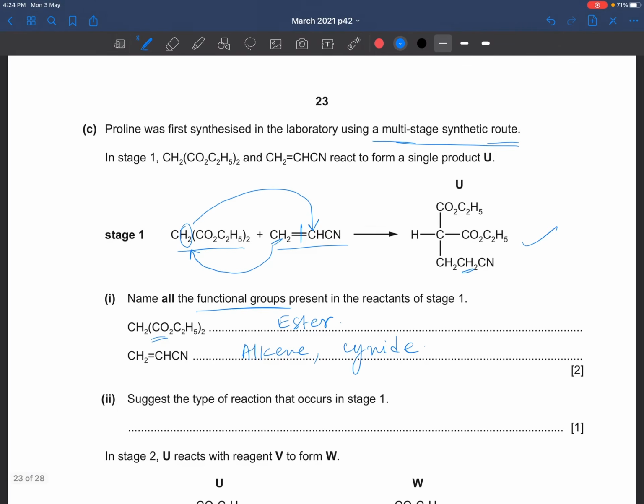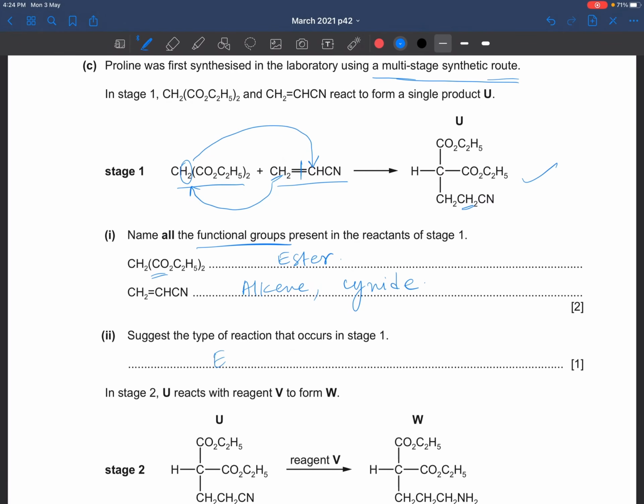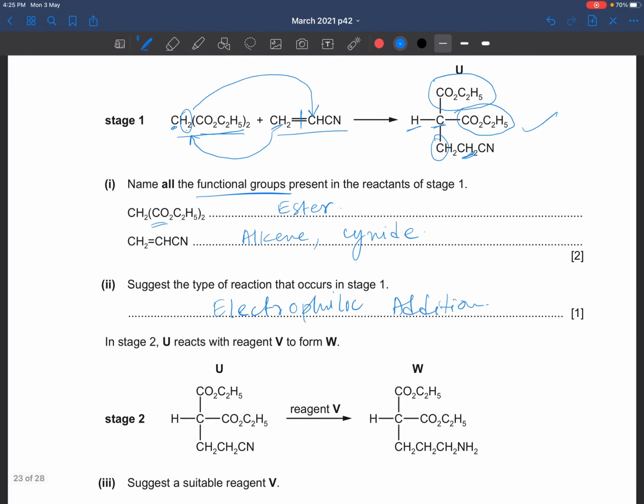The one which we studied in alkenes, electrophilic addition. First the electrophile adds up, this hydrogen adds up to this carbon, and then the rest of the group would be attached to this carbon. Right? So we have C, this C, then one H, and CO2C2H5 twice, one CO2C2H5 and another CO2C2H5.